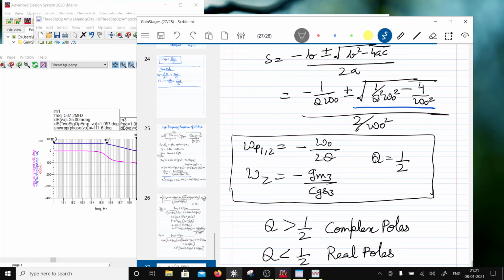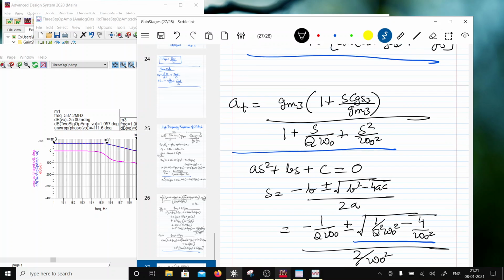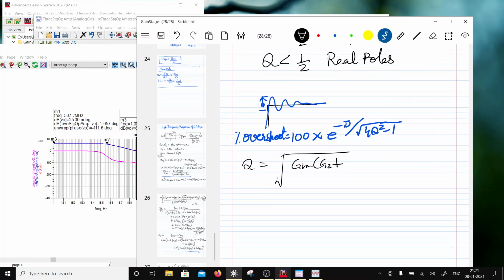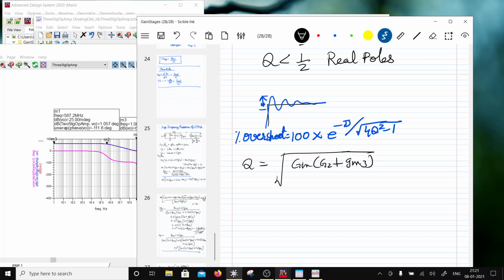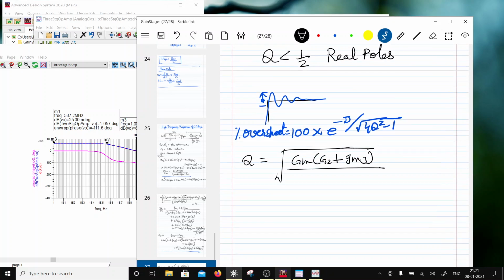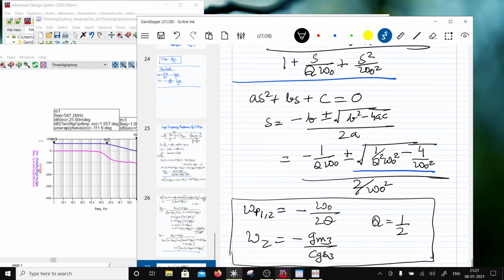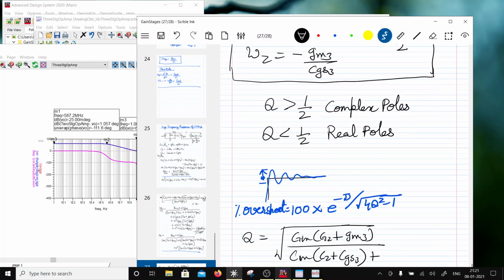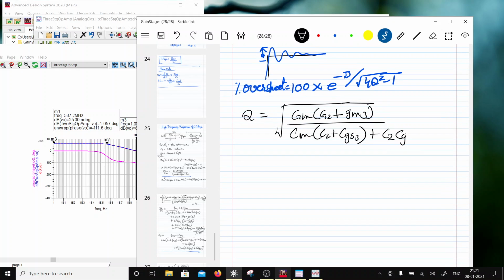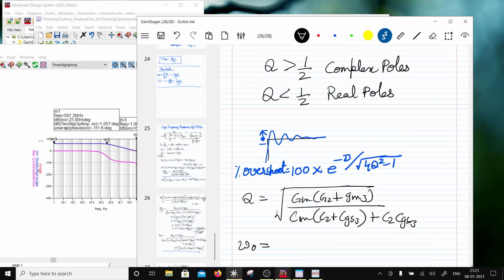So it will be square root of g in times of g2 plus gm3, divided by this capacitance value, c in c2 plus cgs3 plus c2 cgs3. So this will be the Q.